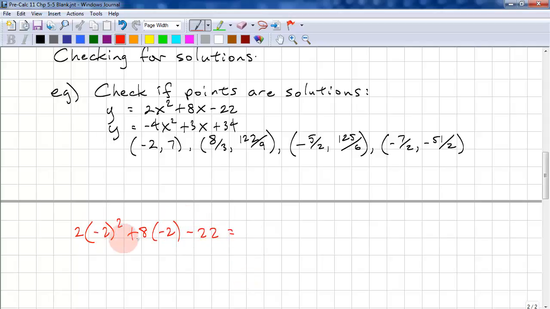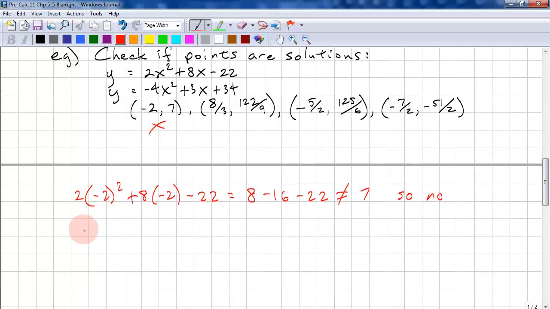That's 4 times 2, that's 8, minus 16, minus 22. This does not equal 7. We don't need to calculate the value. We know this is a negative value, and it certainly doesn't equal negative 7. So no for the first point. Put an X there.